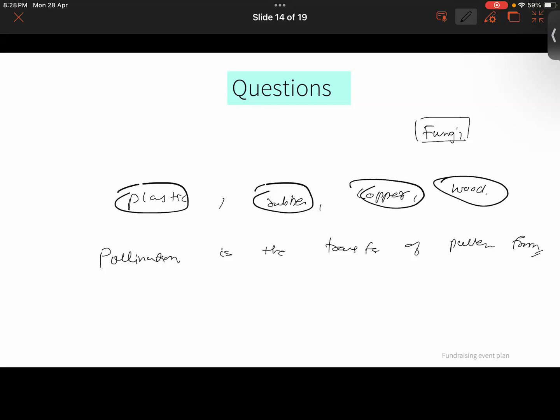The heating effect of electric current. You want me to define it? Yes, you have to define it.